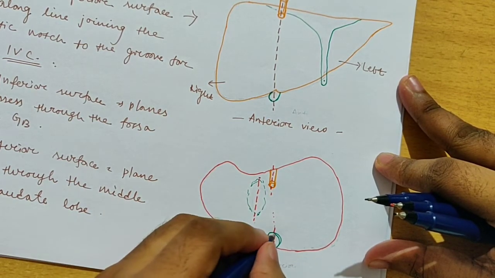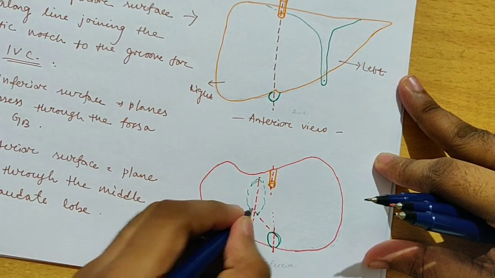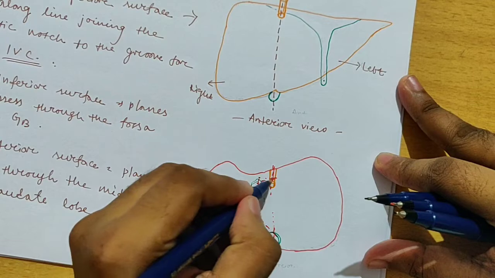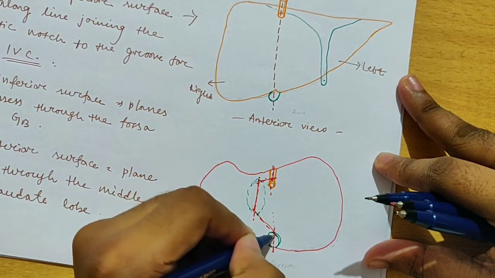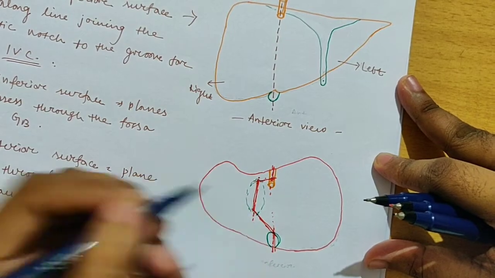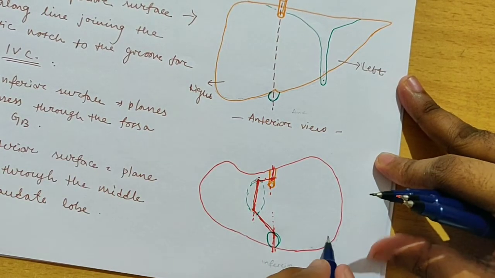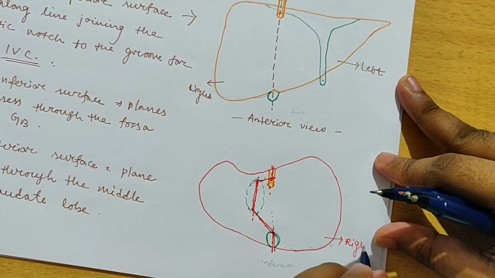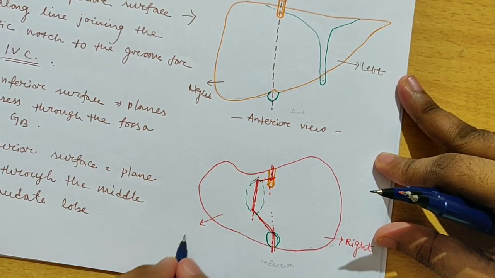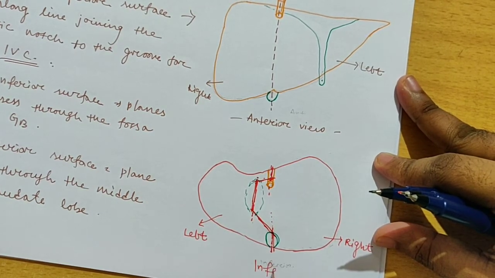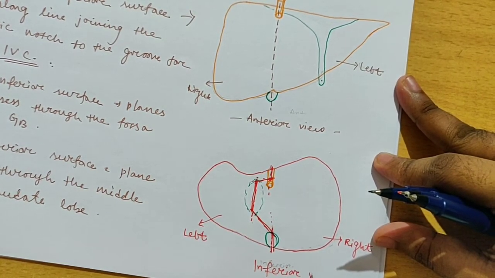Now we'll join all the points from here and a structure something like this is formed, which divides the liver into right and left. This is the inferior view.